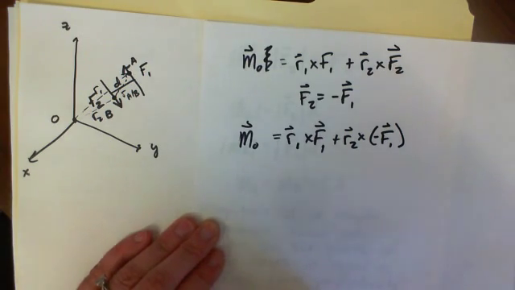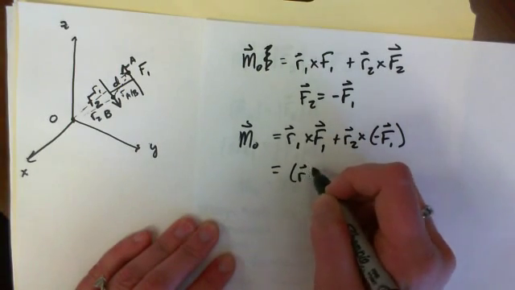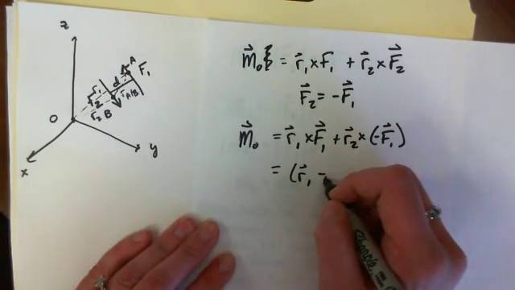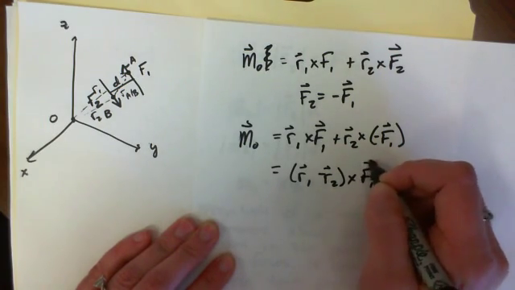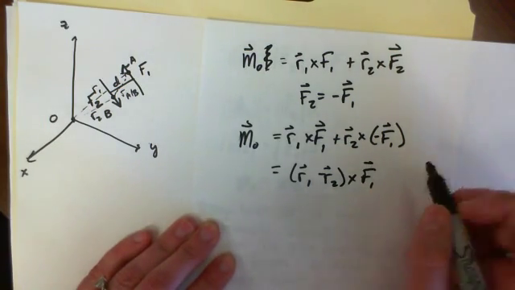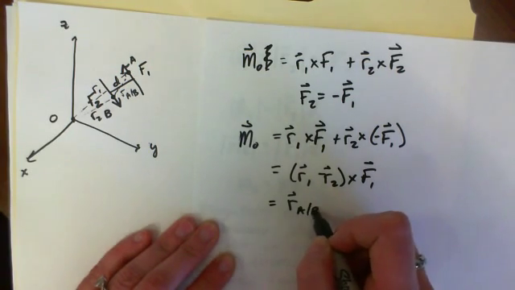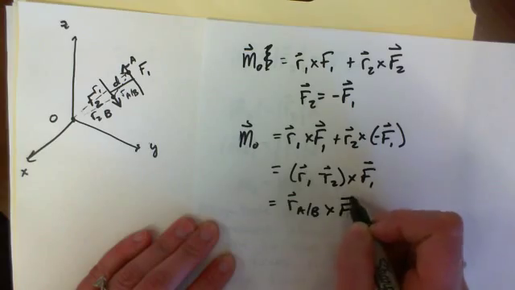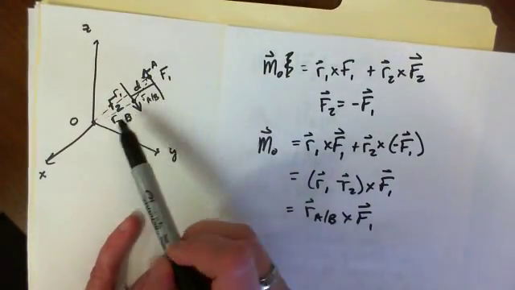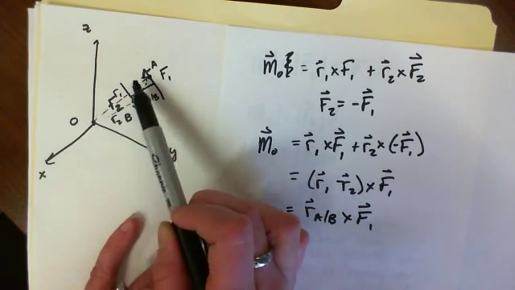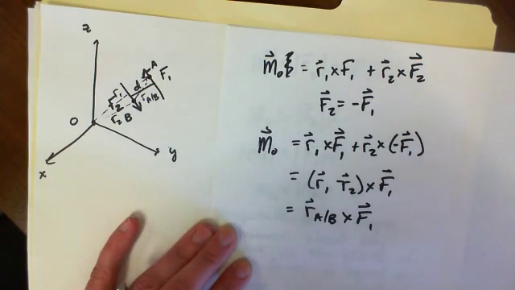Well, I can rearrange, and then I can take R1 minus R2 cross F1, and then that's equal to RAB cross F1. So if you do your vector math, the vector R1 minus the vector R2 is equal to RAB.